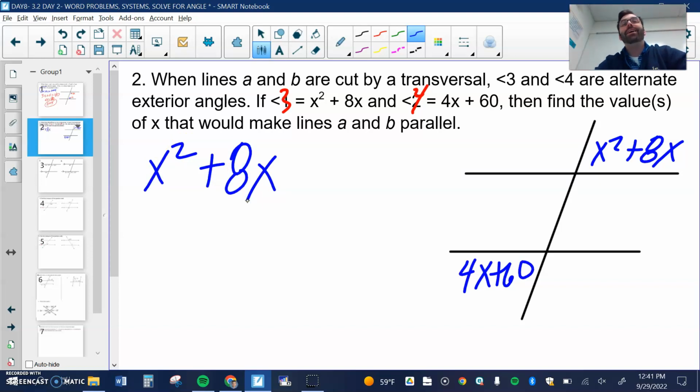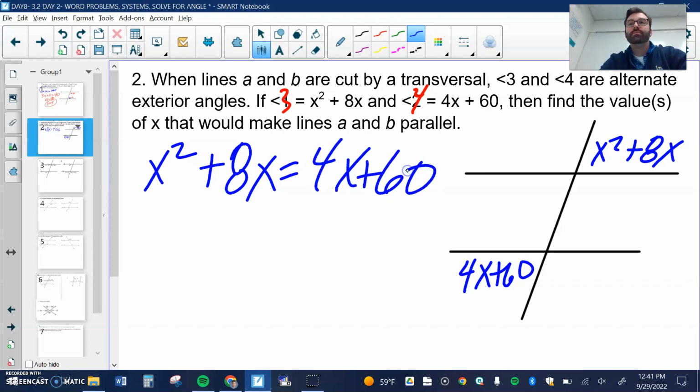All right. If it's exterior, angles can be supplementary or congruent. Alternate exterior angles and alternate interior angles are both congruent. So I'm going to take those two and set them equal to each other. Now I have an x squared. I can't take the square root.